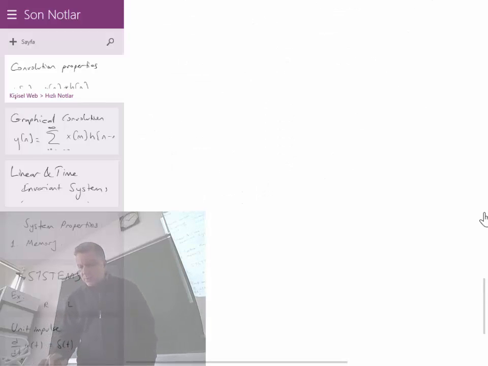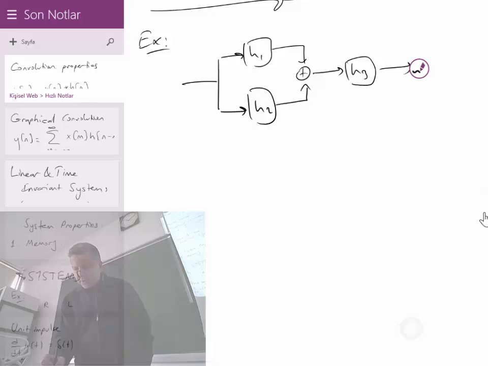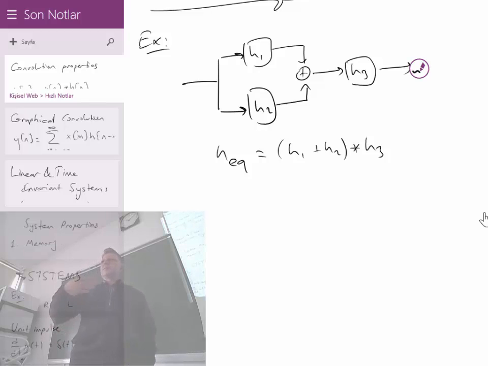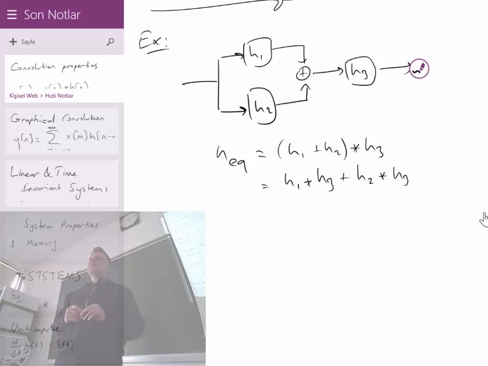Then the equivalent system response is equal to, of course, h1 plus h2 convolution h3. You can then distribute. You can say h1 convolution h3 plus h2 convolution h3 as well. So the system's impulse responses are convolved in time domain.